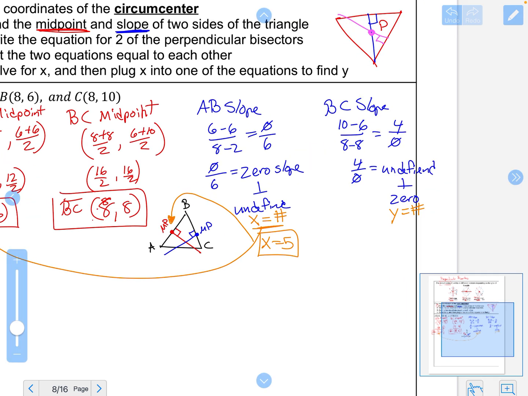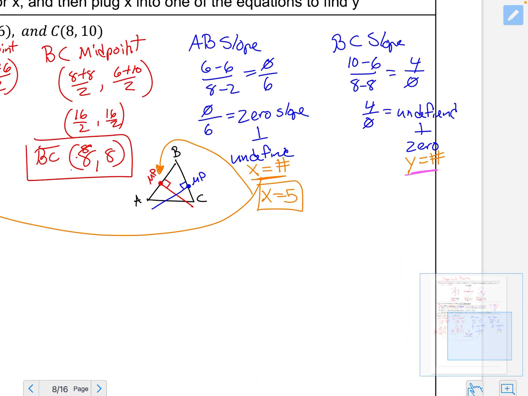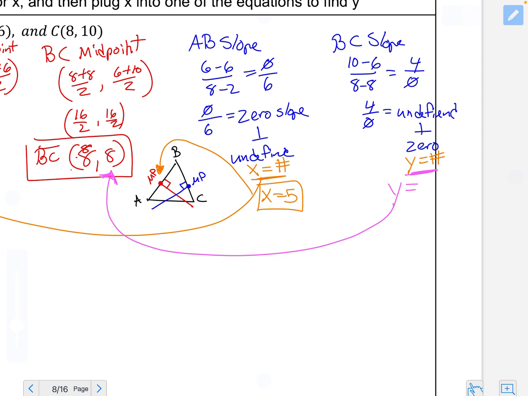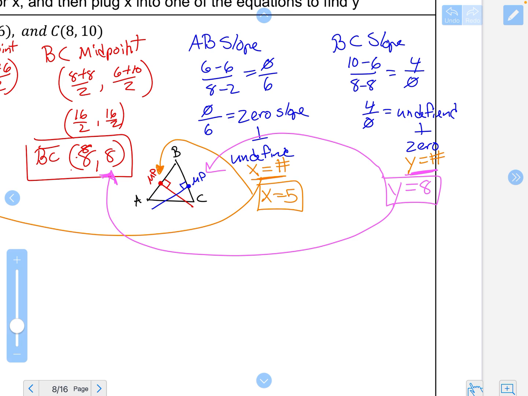For BC, I know it's going to be y equals a number. So it's going to be y equals, and again, I'm looking at the y value of my midpoint because that's the point that my perpendicular bisector must go through. So again, that line is that line right there.